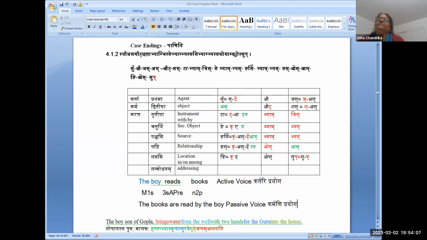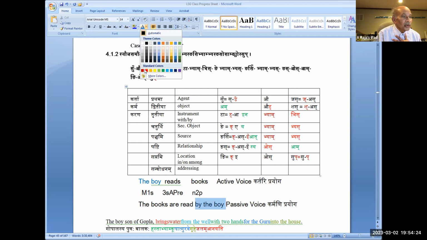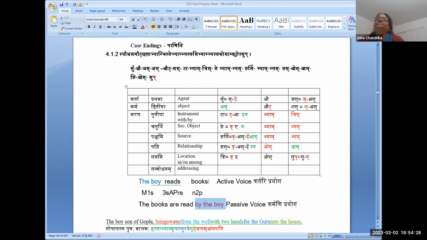But in a passive voice, the subject comes in tritiya vibhakti. The books are not the subject. Books are still objects.